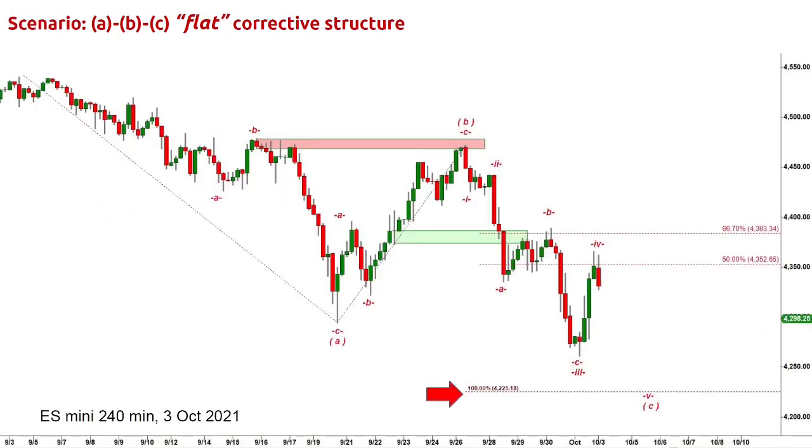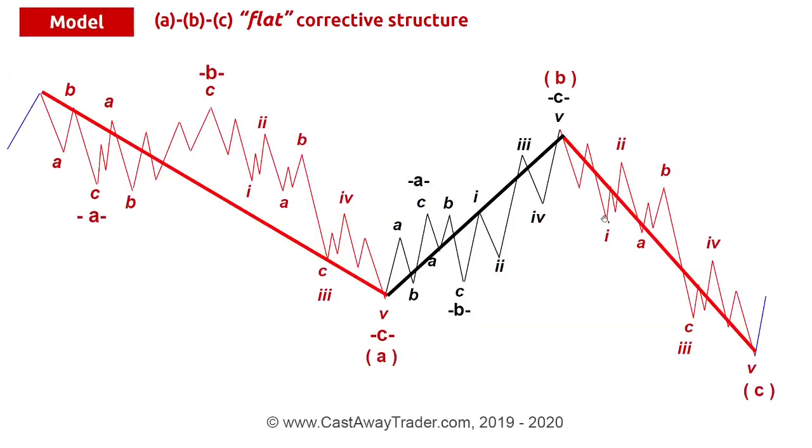So this is a corrective structure that started at the top of early September 2021, and it looks like a 3-3-5 standard flat corrective structure. Look, ABC down followed by ABC up. This is wave A, this is wave B up, and we would expect 5 wave down, right? Because this is what our fractal tells us, 5 wave down.